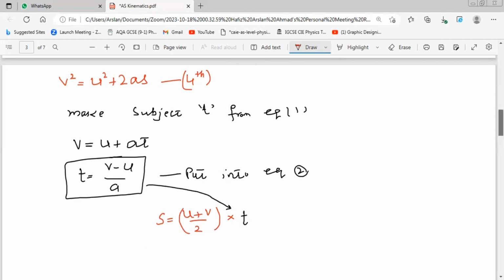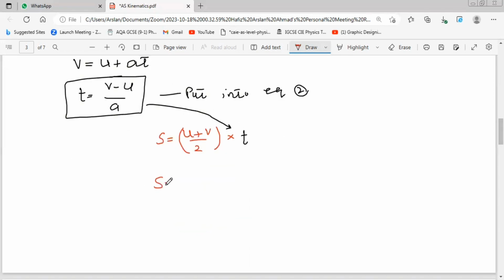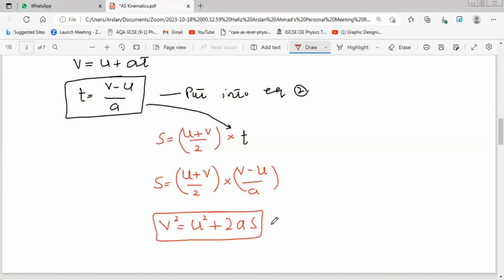So the final equation will become s is equal to u plus v divided by 2 multiplied by t, which is v minus u divided by a. By solving this equation, we will get the final equation, which is v square is equal to u square plus 2as. So this is the fourth equation of motion.